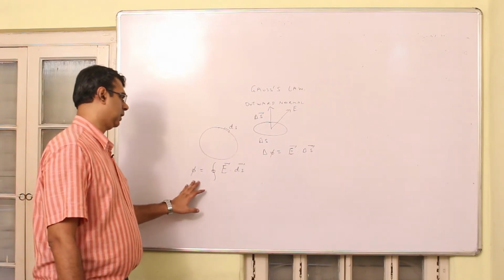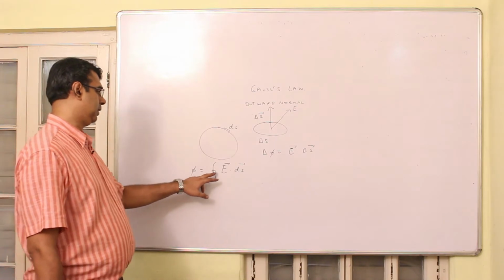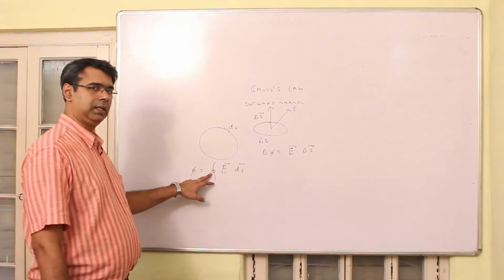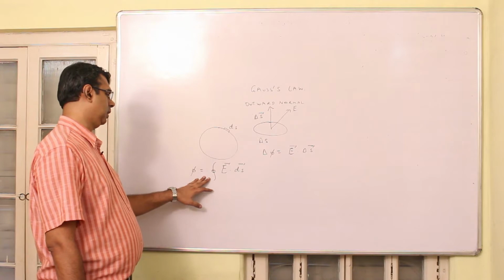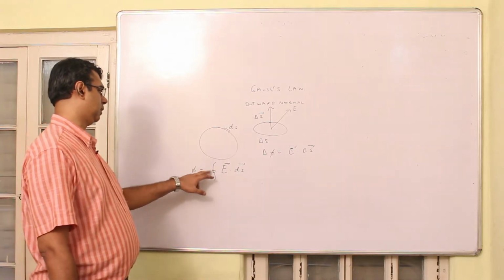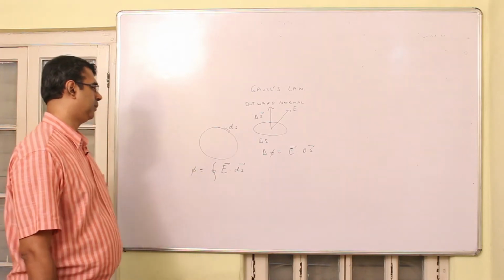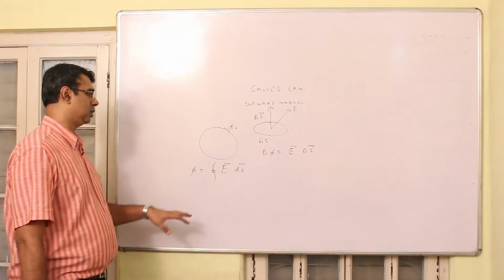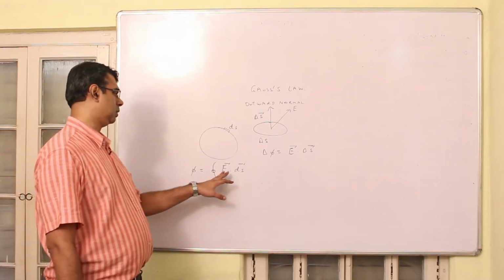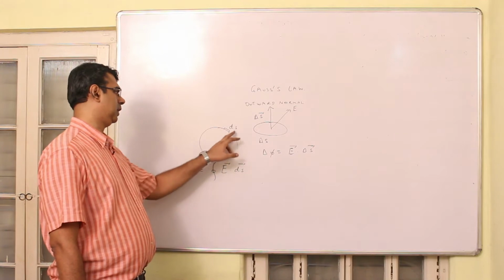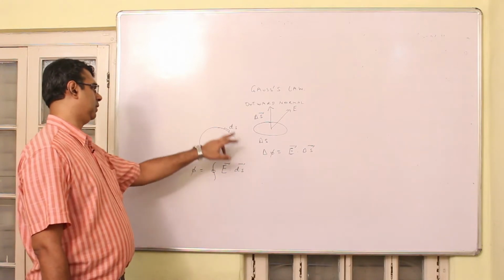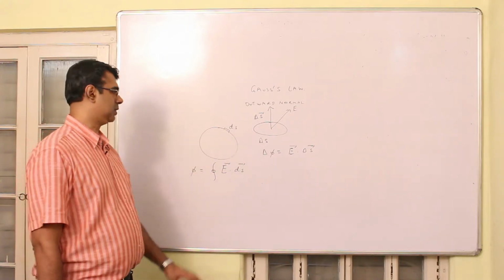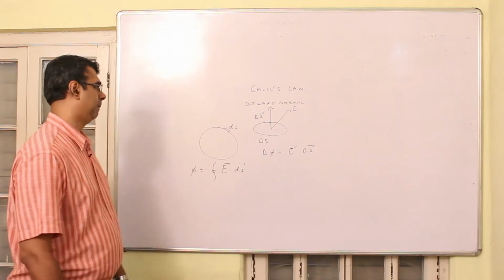The symbol of flux is phi. In this integration I have put a symbol in the middle. This represents a closed integral. So the total flux is closed integral E dot dS. So whenever there is a closed surface, you find the flux of the electric field through an element of area, and then you integrate that for the entire surface to get the total flux.